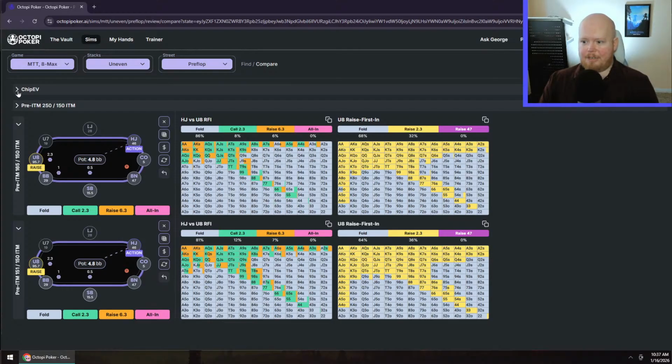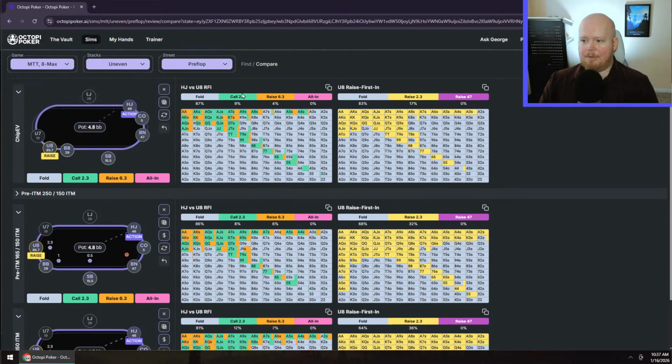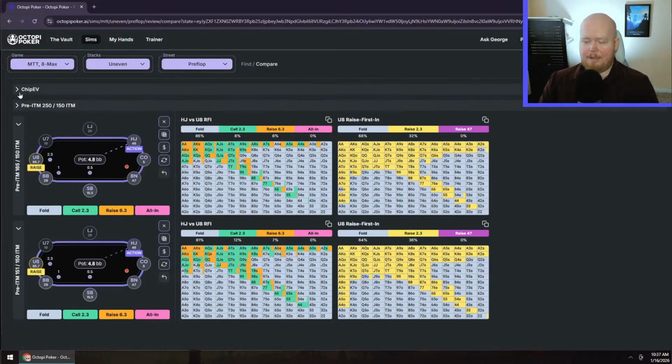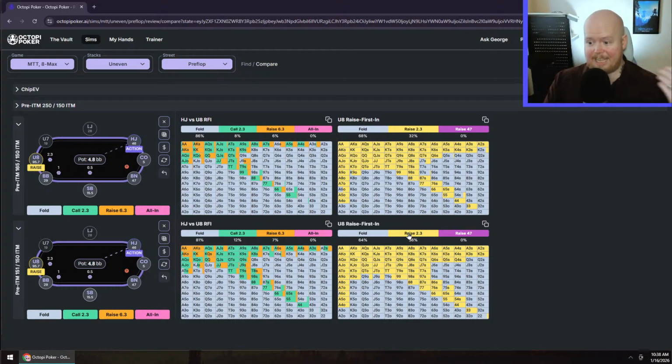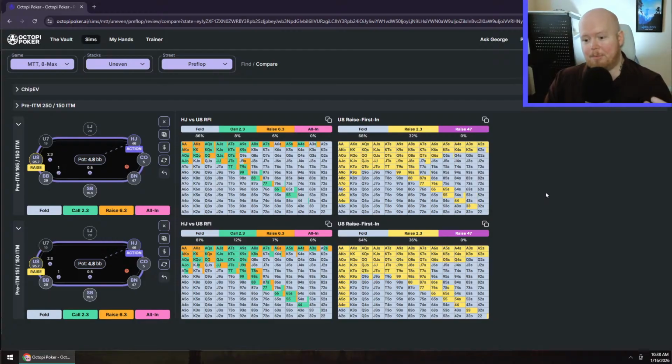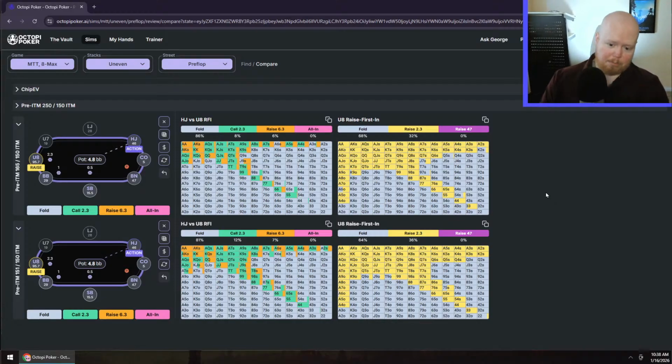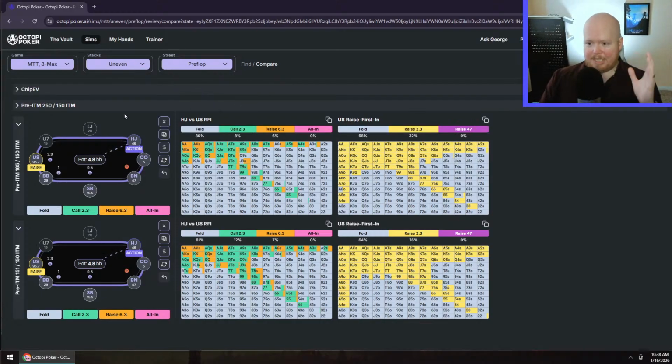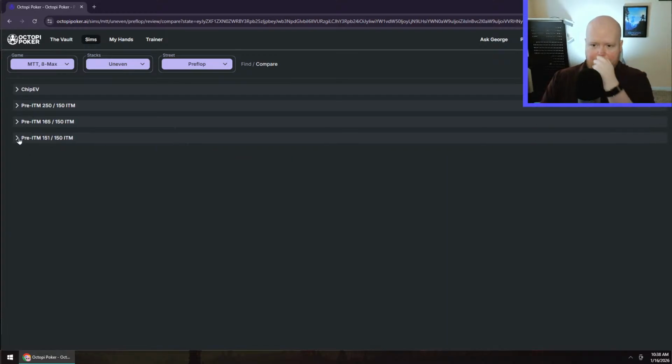So they actually come almost all the way back around to ChipEV, or even slightly wider than ChipEV, just because of how wide this opening range actually is. A really interesting example of a strategy that actually gets a bit more aggressive or a bit wider as we get close to the bubble, simply because the chip leader is able to open so many more hands. That is a pretty important part of bubble dynamics.